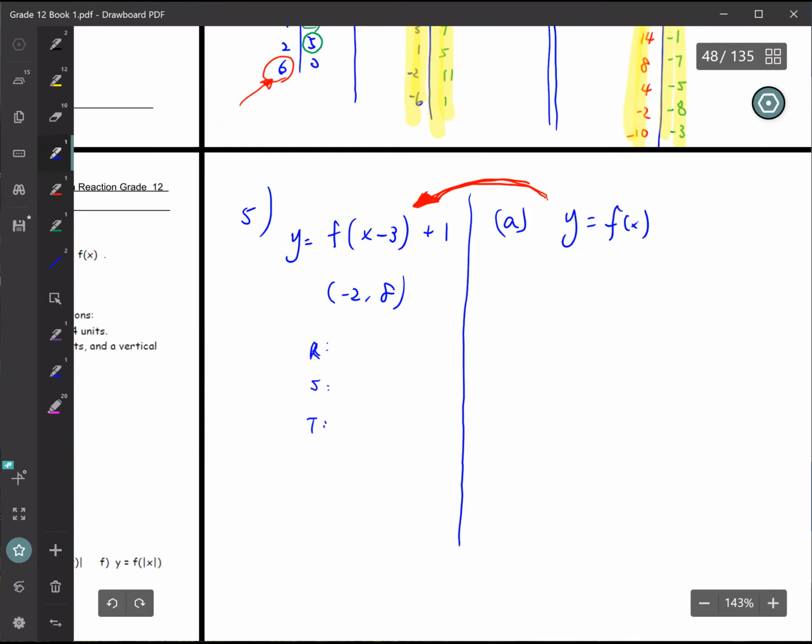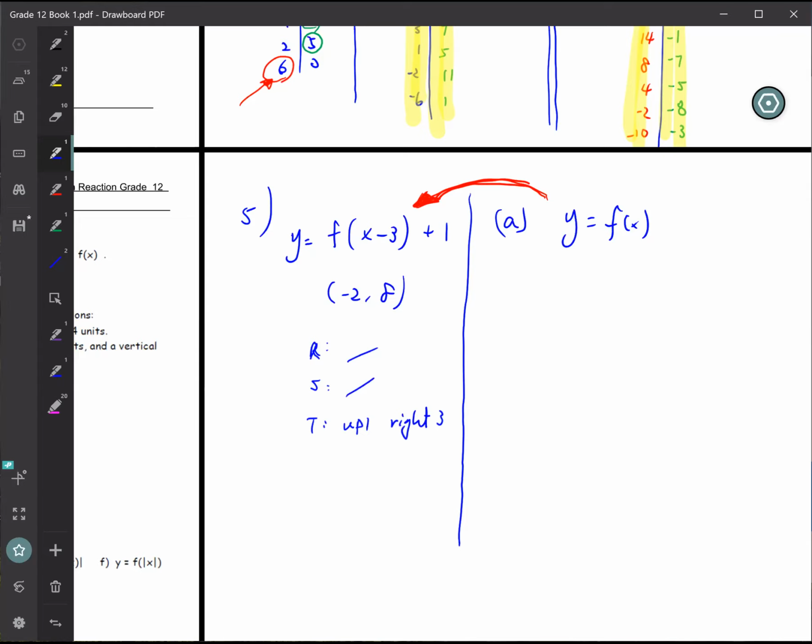No reflection, and then no stretch. That's right. And then up 1, right 3. Okay. Right. So first you got to figure this out, right? Going from f of x becomes something, up 1, right 3.